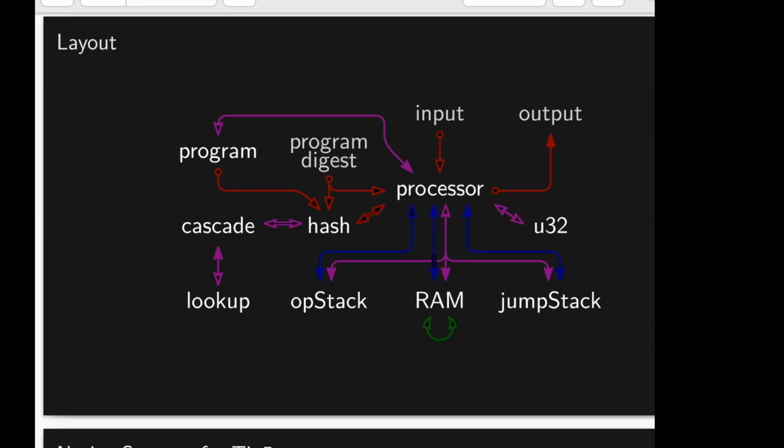We have one for random access memory, then we have one for recording the location in the jump stack, return addresses, and whenever we call, we add to the jump stack. And we have another stack for operating, which is the intermediate values as you parse a formula, for instance. And by the way, the diagram didn't always look like this and probably won't always look like this going forward. This is what it looks like right now.